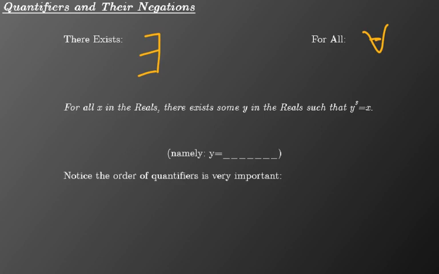If I took this statement here and translate it into symbols, it would read: for all x in the reals, there exists some y in the reals such that y cubed equals x. And that makes sense if you think about it.